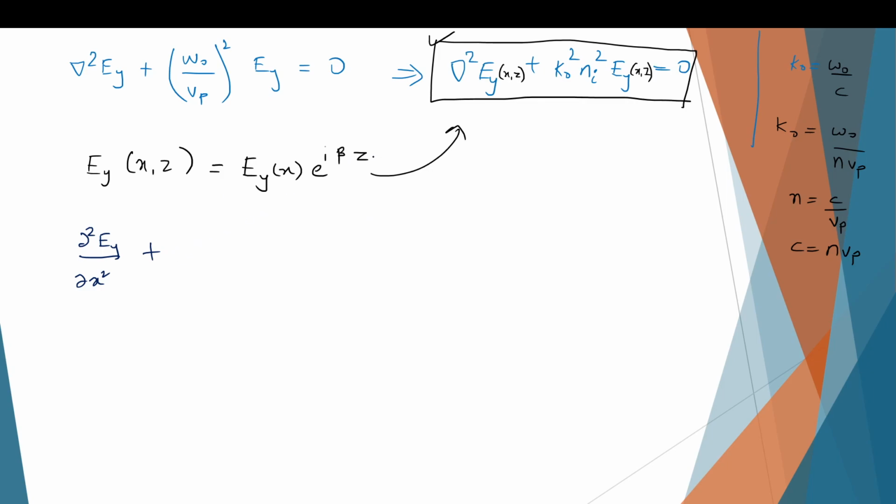What will be dou square by dou z square? It will be nothing but I beta square Ey of x, correct? And then I have this term also, plus k naught square ni square Ey.